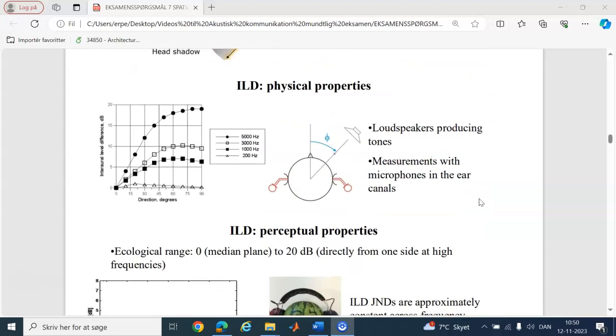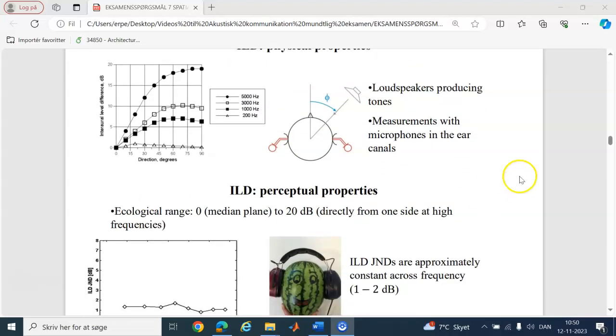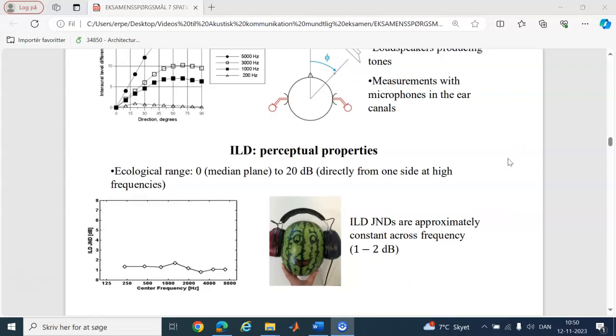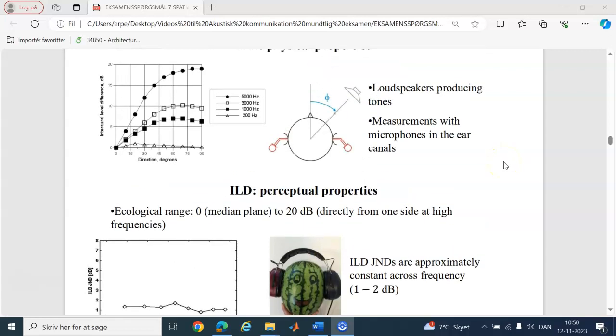That means a loudspeaker producing tones, with measurements made by microphones in the ears. ILD perceptual properties: the ecological range is from 0 to 20 dB, with the sound directed from one side at high frequencies. At high frequencies, the sound waves will not diffract.